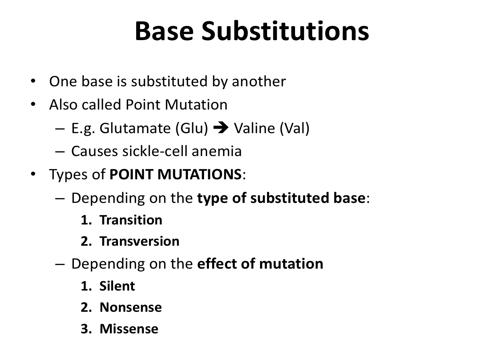Depending on the substituted base, point mutation can be divided into these categories: transition and transversion. Then, depending on the effect of the mutation, we can characterize it into three categories, that is silent, nonsense and missense. Let us see each of these one by one.